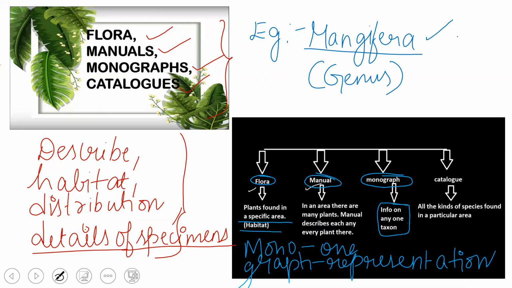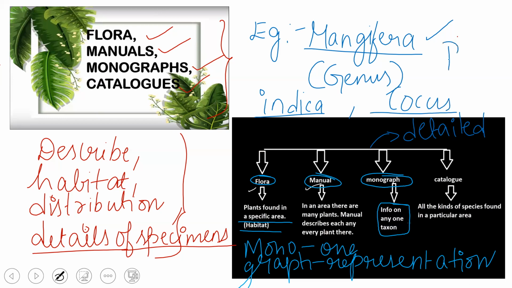Like that, many such taxons can be done. So monograph is a detailed information. Okay, the information will be very much detailed information about any one taxon. So like this, I can make indica as one of the taxon, I can make caucus as one of the taxon, I can make Panthera as one of the taxon.